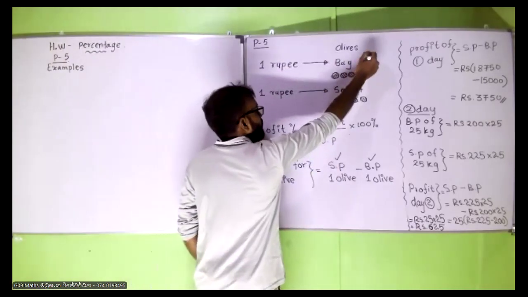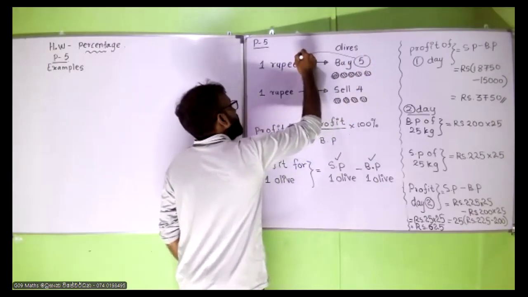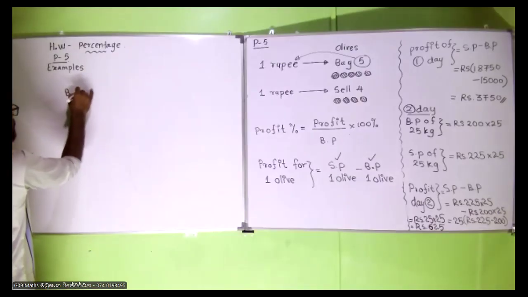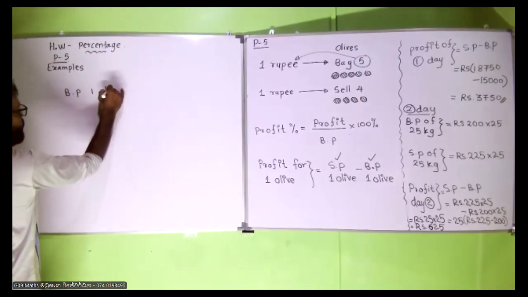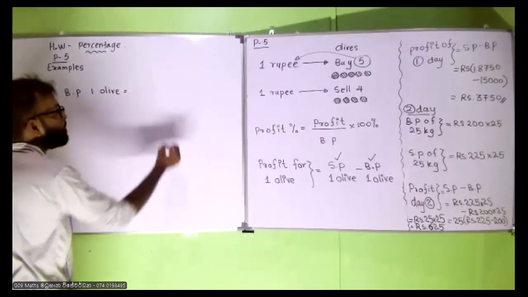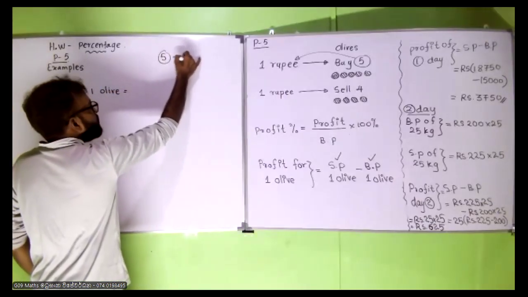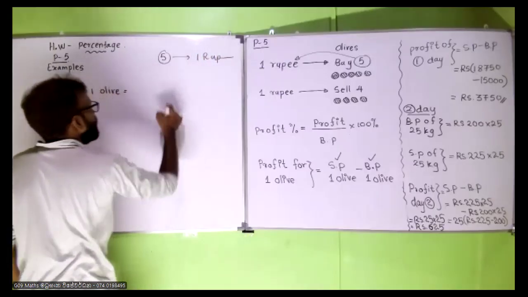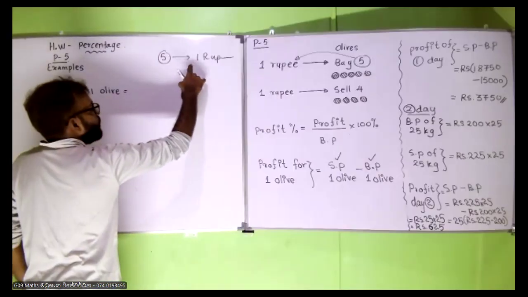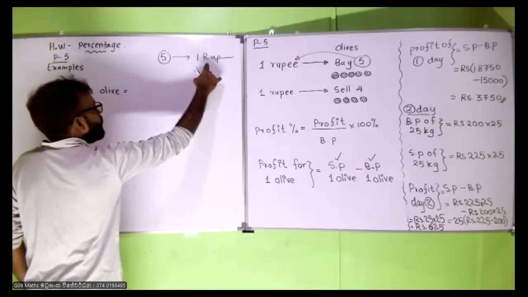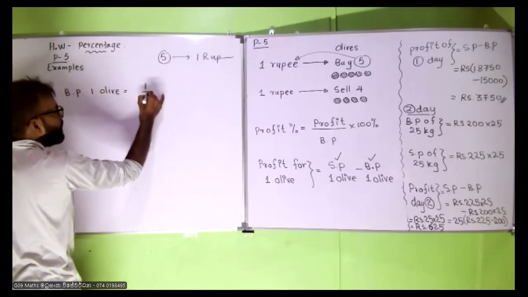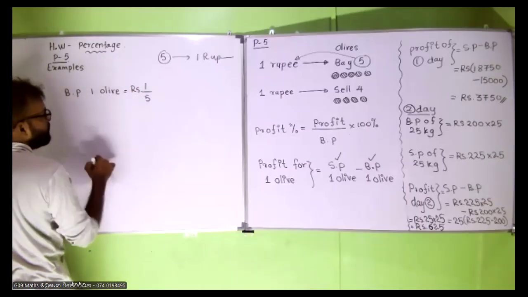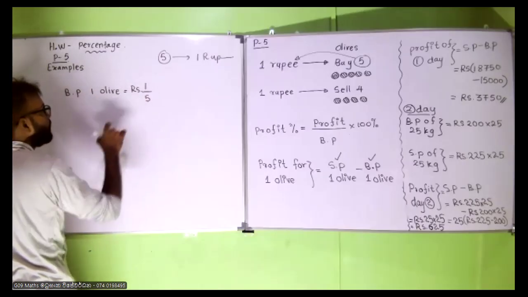Buying price of 5 olives is 1 rupee. So to find the buy price of 1 olive, you have to divide this 1 rupee by 5, so that you get 1 upon 5.